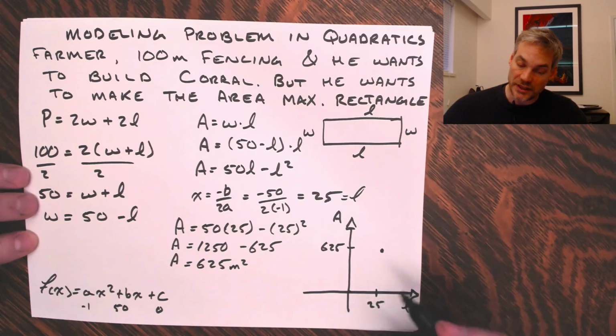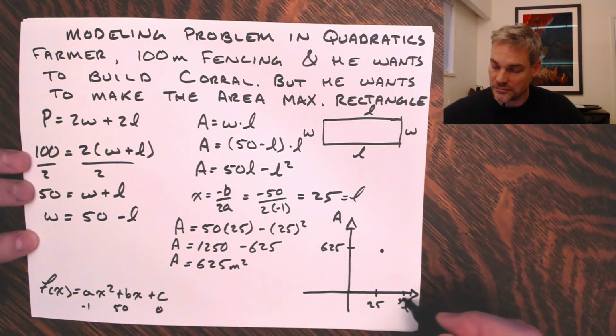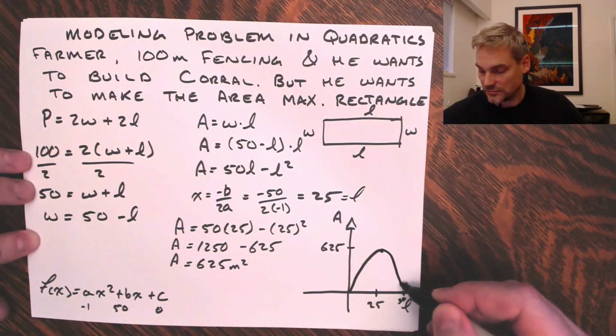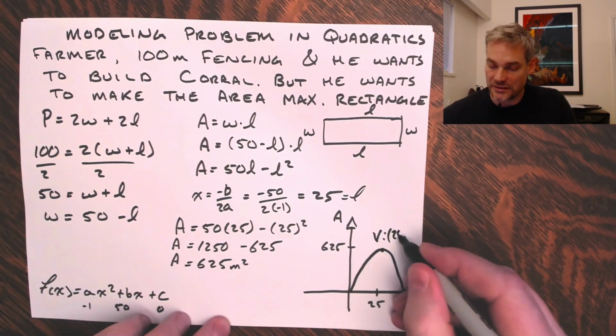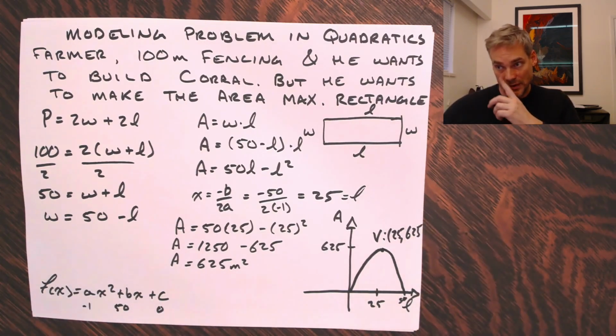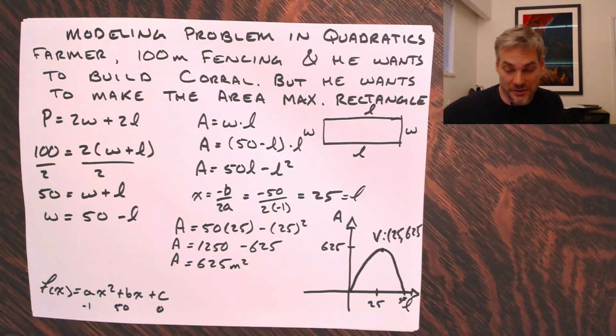And if the length is 50, we know that the area is 0. So the parabola goes like this. And our vertex here is 25, 625. Kind of ran out of room there. But that's what we're trying to solve.